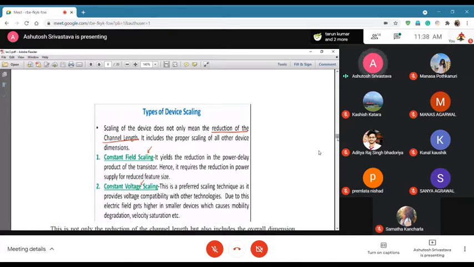It generally varies depending on whether the desired output is coming in time or not. So scaling of the device does not mean only the reduction of channel length. It includes all the other parameters.